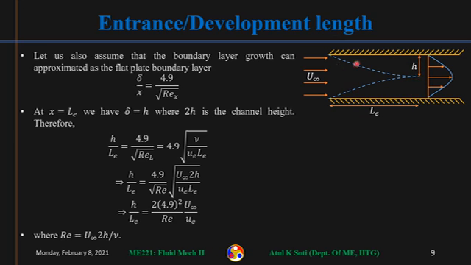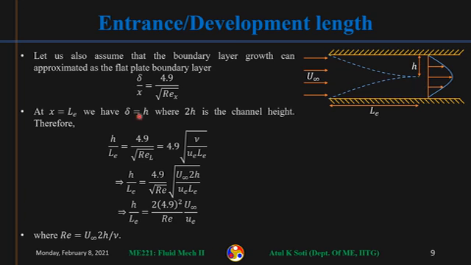Boundary layers form on both plates and grow symmetrically, right? There is no reason for one boundary layer to become thicker than the other. Everything is symmetric around the center line.